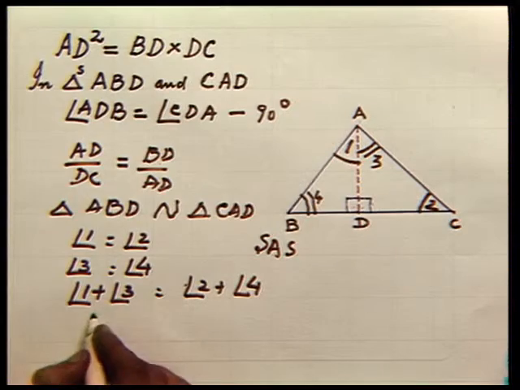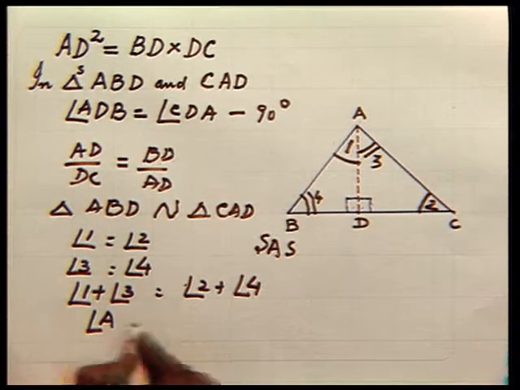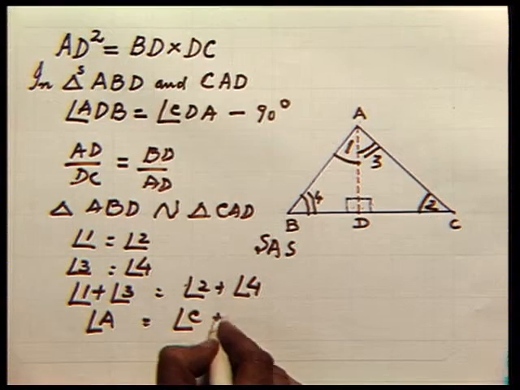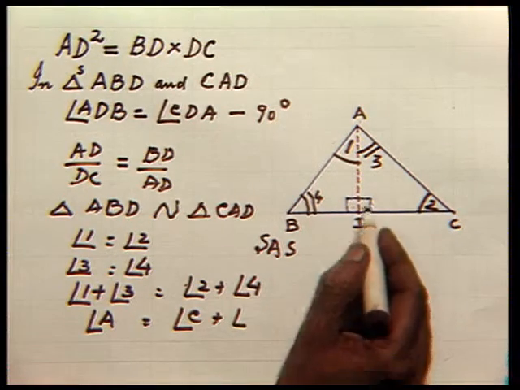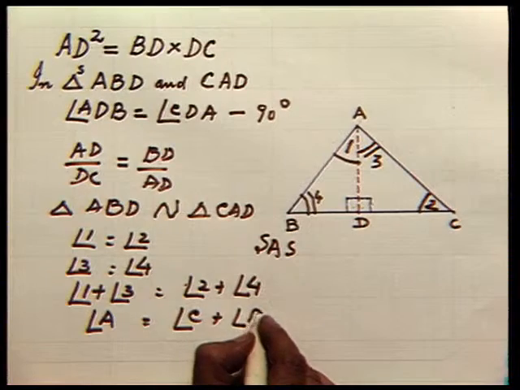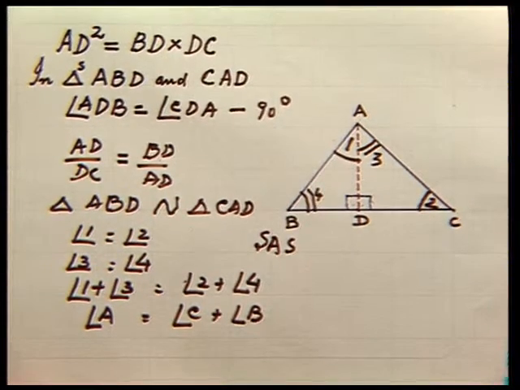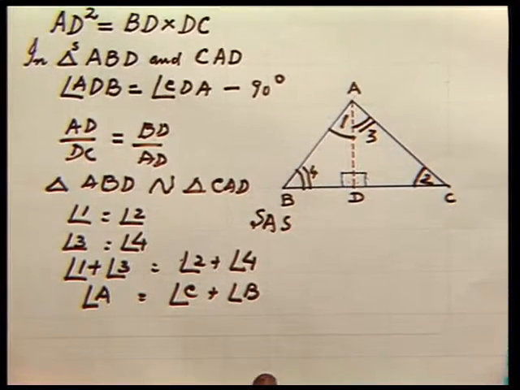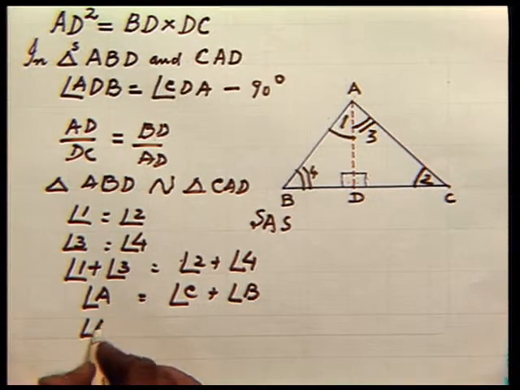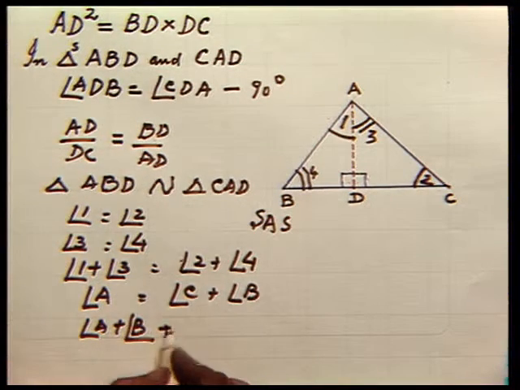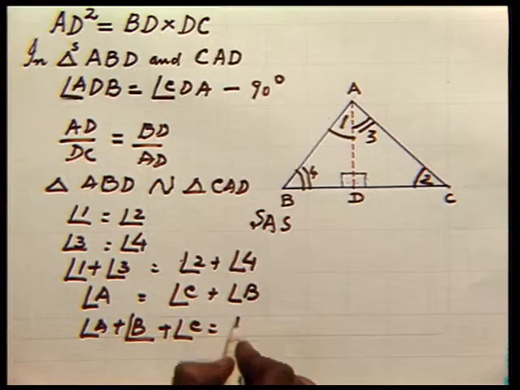Now, 1 plus 3 is nothing else but angle A, and angle 2 here is angle C plus angle 4 here is B. But if you look at the triangle ABC, you are familiar with the fact that the sum of angles of a triangle, angle A plus angle B plus angle C, is 180 degrees.